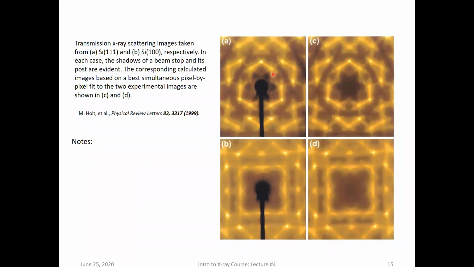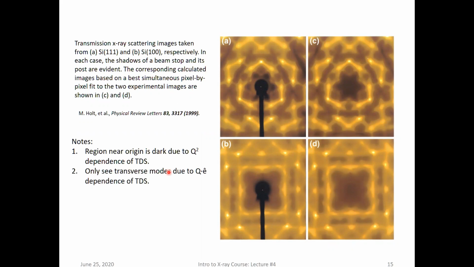But then around each Bragg peak, the thermal diffuse scattering picks up, and you see enhanced scattering near every Bragg peak. So it looks like Bragg peaks here, but this is really all thermal diffuse scattering. The first thing to note is that the region near the origin is dark. The other thing is that we can only see the transverse modes.